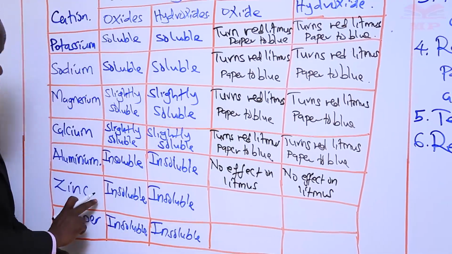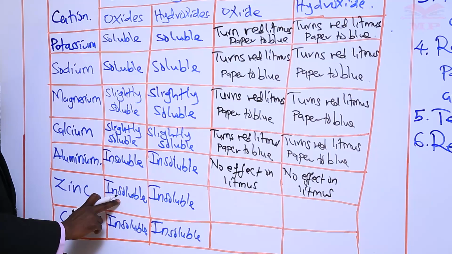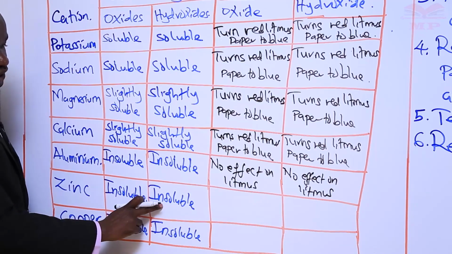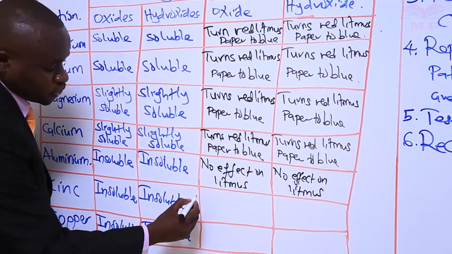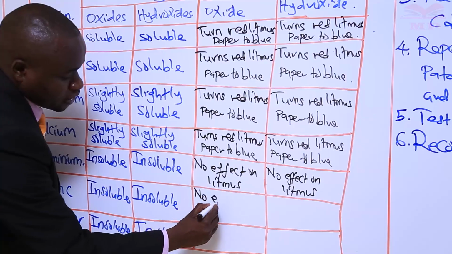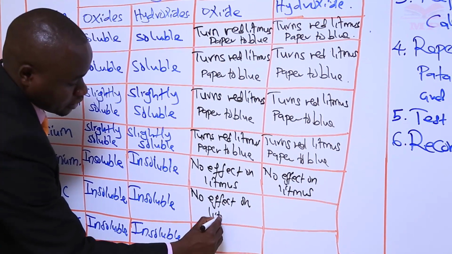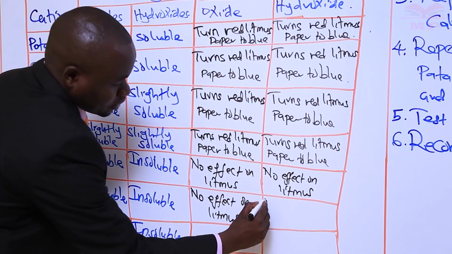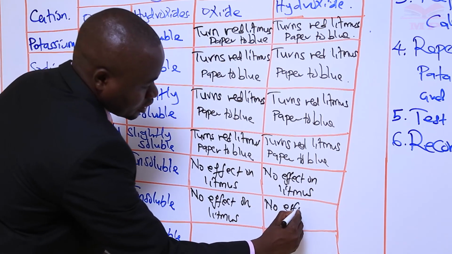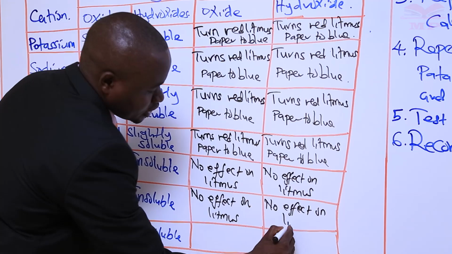The same applies to zinc because the oxide is insoluble as well as the hydroxide. Therefore, there is no basic solution, and for that reason, there is no effect on litmus.